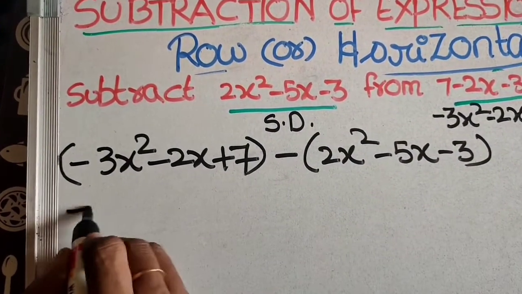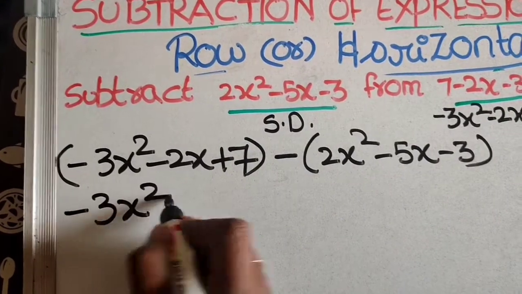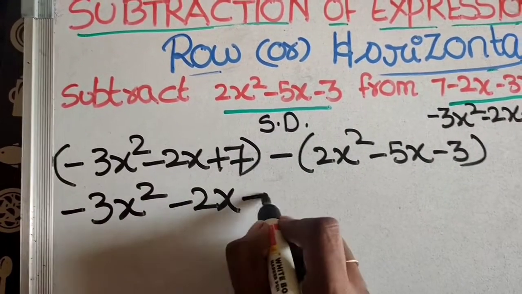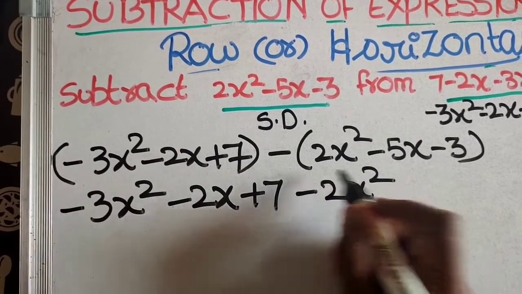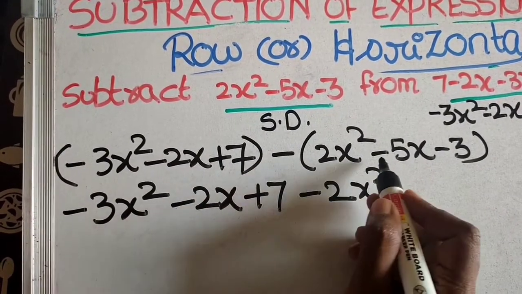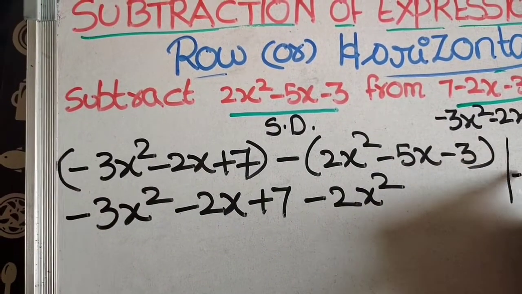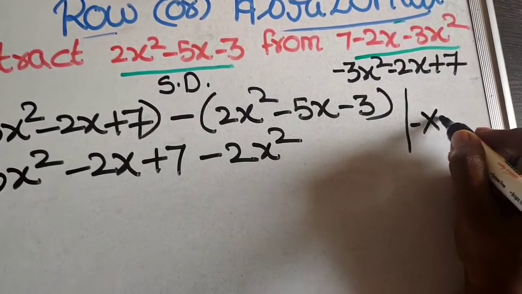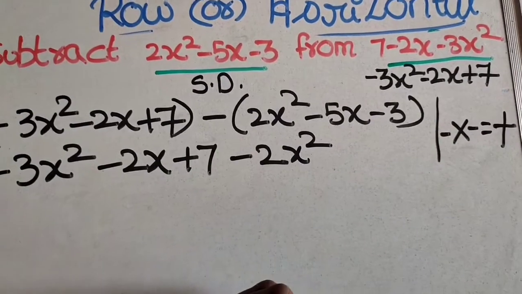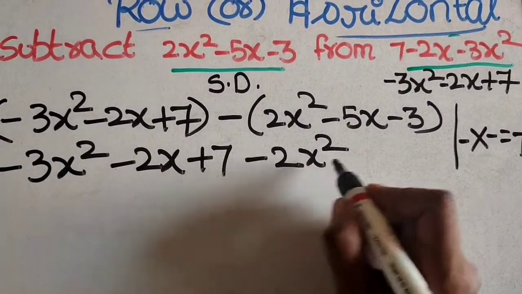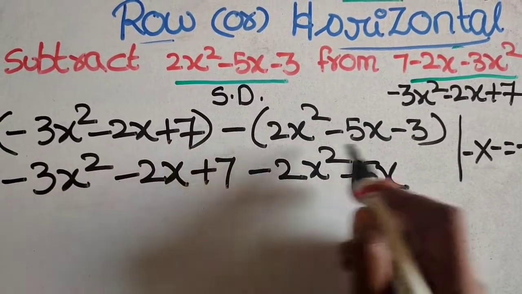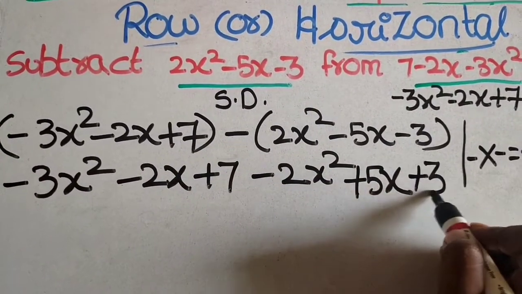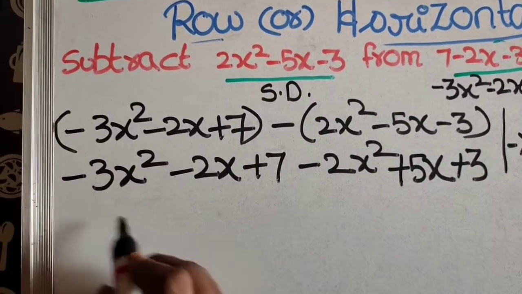Now what we have to do? We have to group all the x square terms, x terms and the constant terms. So already we said whenever we are multiplying minus into plus gives minus, or minus into minus gives plus. So you have to know these rules in order to do our calculations. So bracket always represents multiplication.